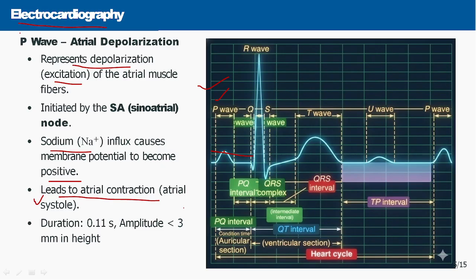So, this action potential which is generated due to the sodium influx into the cells of the atrium of the heart leads to the contraction of the atria. This process is called atrial systole, and you can mark this duration here.